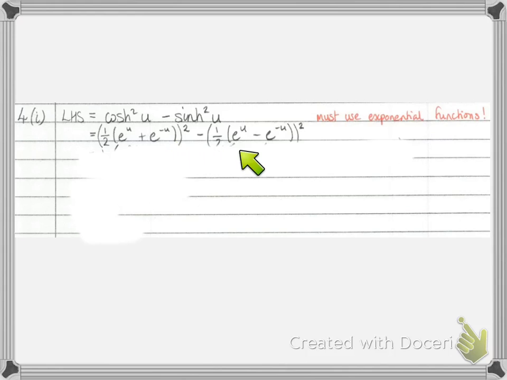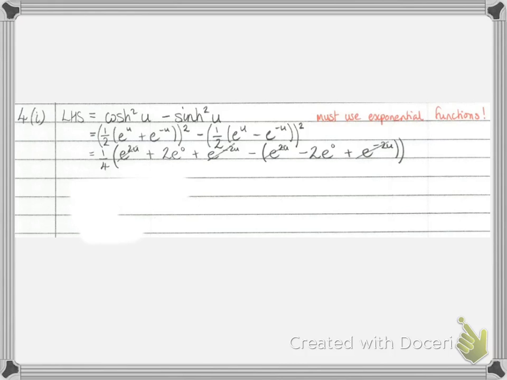Brackets are one of the most common places where mistakes get made, and in particular here, when we expand this squared term and subtract, we'll need to use brackets to make sure that we get the correct values. So multiplying everything out, showing clearly what we've cancelled, we do indeed end up with the value of 1, which was on the right hand side of the identity. So we've shown that this is a true identity.